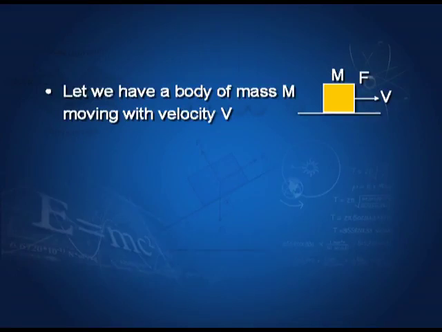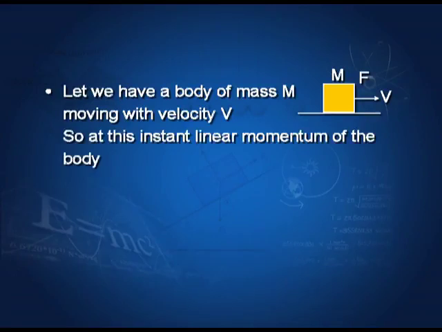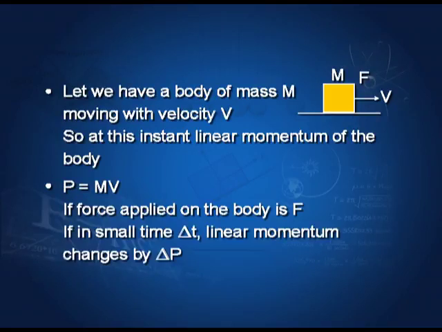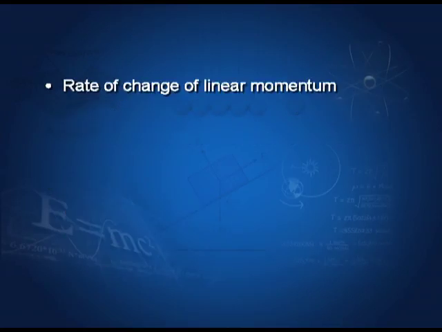Let we have a body of mass m moving with velocity v. So, at this instant linear momentum of the body is mv. If force applied on the body is F and in small time delta t linear momentum changes by delta p, then rate of change of linear momentum is equal to delta p upon delta t.